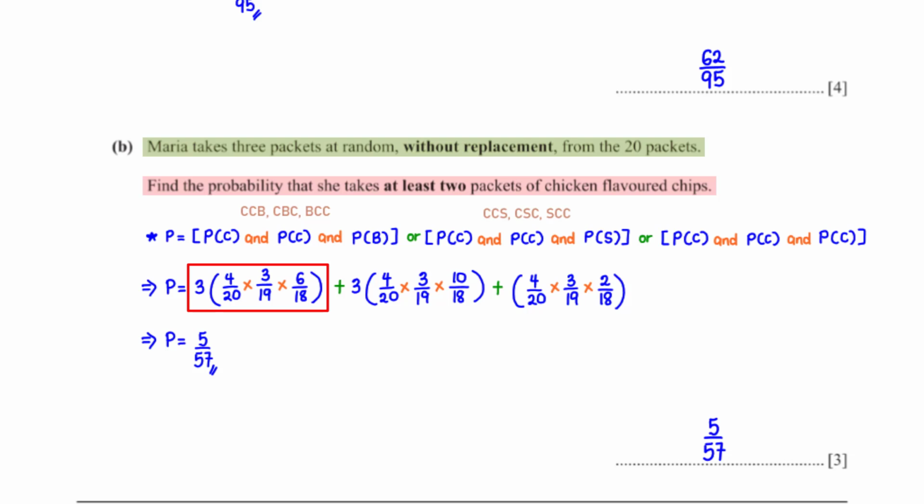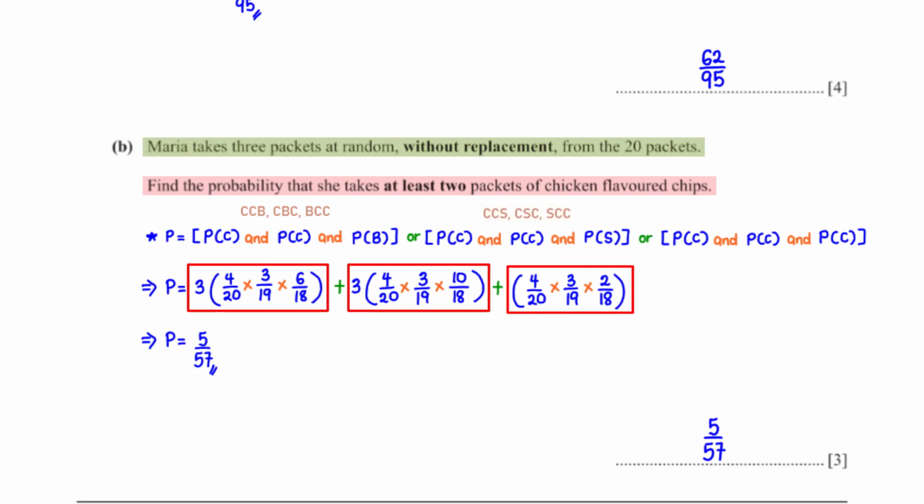by 3. The probability that the first 2 packets are chicken flavored is 4 over 20 times 3 over 19. Without replacement, the probability that she now picks a packet of salt flavored chips is 10 over 18. There are 3 possible orders in which she may pick the chips, so we multiply this by 3.